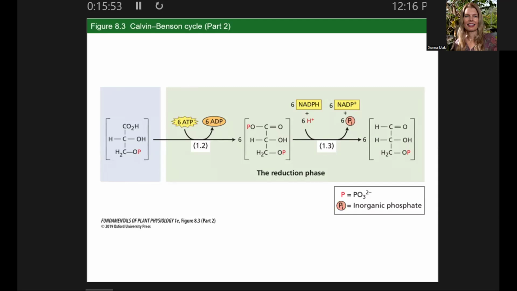So this last molecule is G3P, glyceraldehyde 3-phosphate. So it's still a 3-carbon. All right. Okay. So in order for reduction to happen, you got to use ATP and the NADPH, and that's coming from the light reactions.